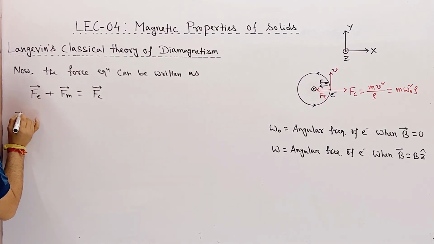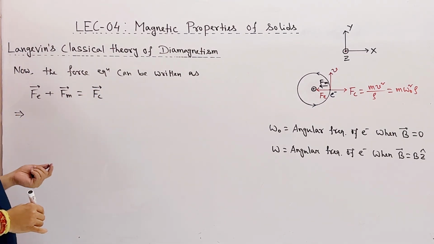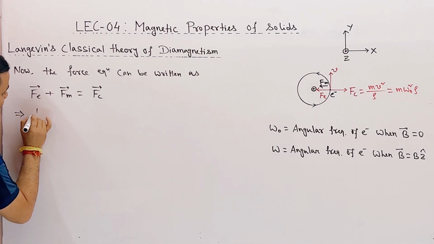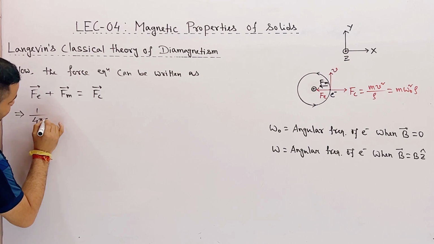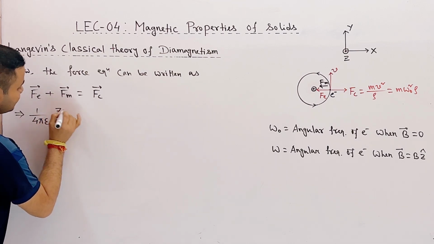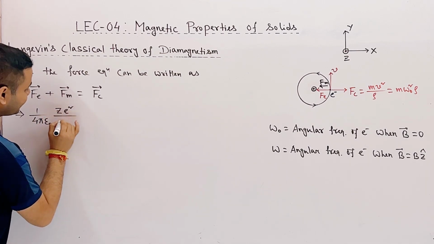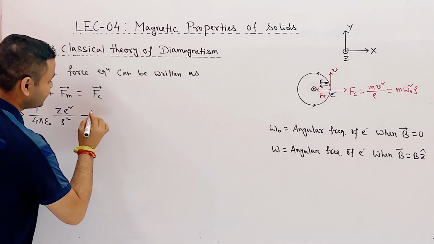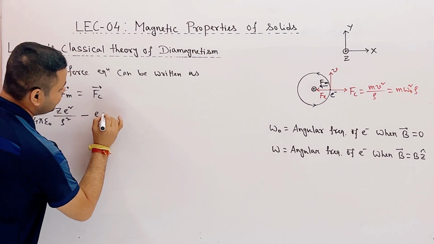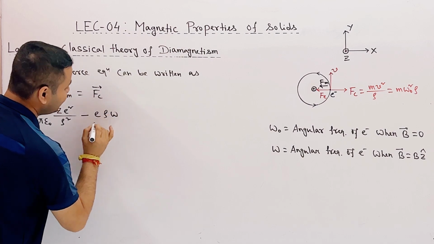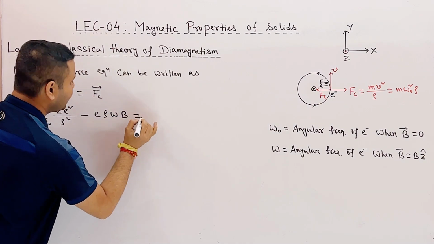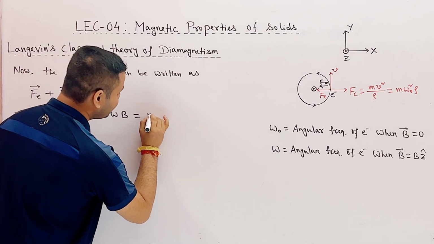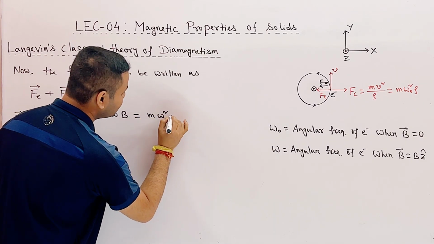In my previous section, I already calculated the value of electrostatic force, whose value is 1 by 4 pi epsilon naught into Z e square divided by rho square, and the value of magnetostatic force is e into rho omega into B, and the value of centrifugal force is given by m omega square into rho.